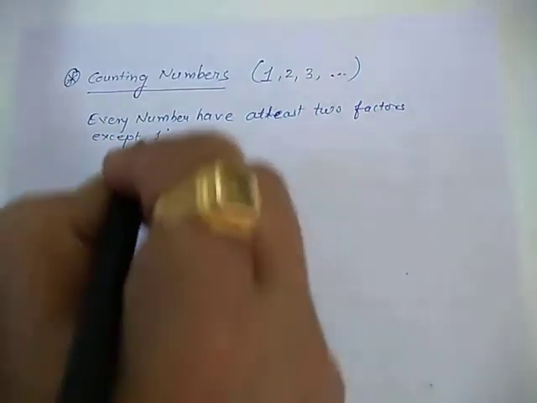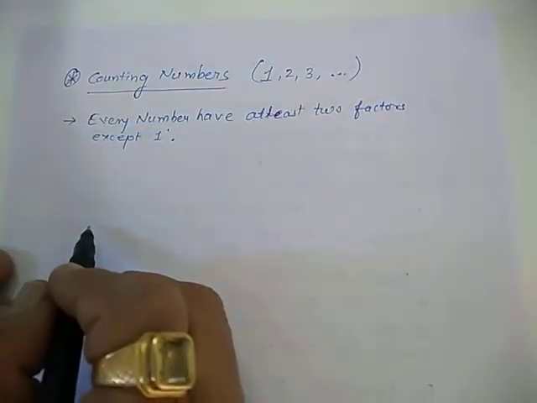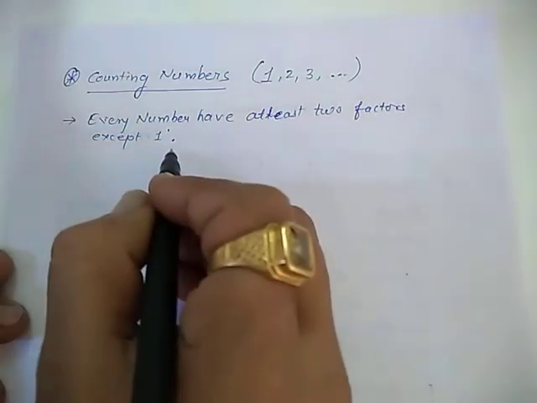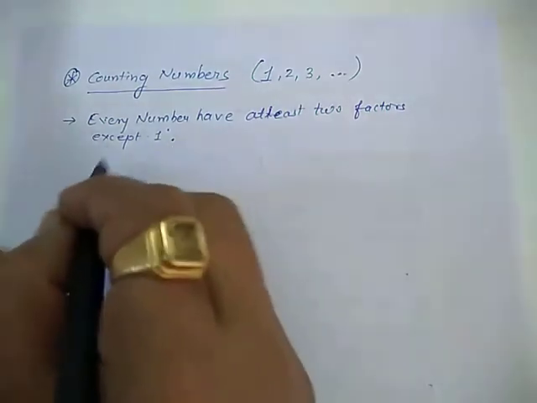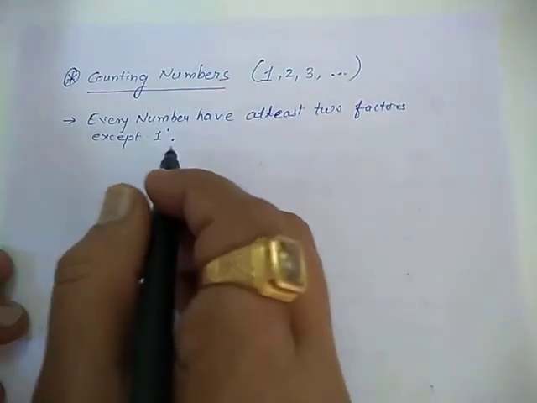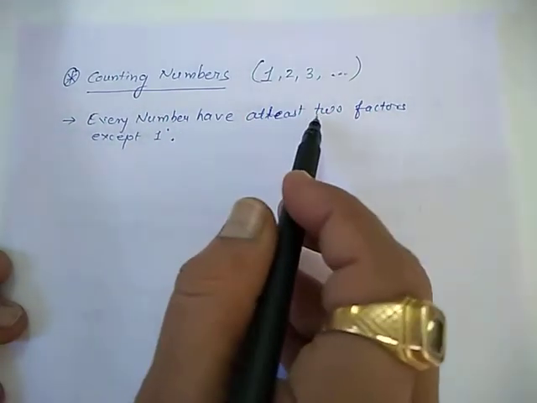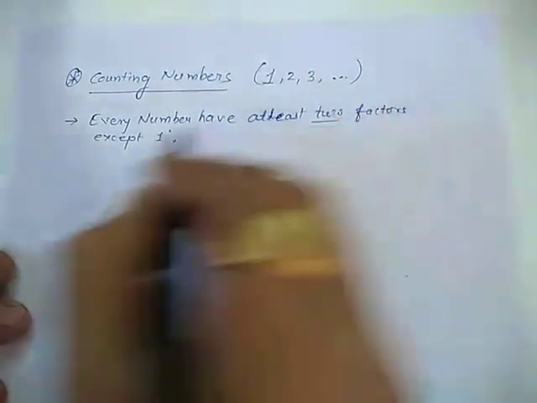Okay, so every number has two factors except one. One is a factor of one, and it does not come in the table of any other number, not 0 or 2. So one is the number having only one factor. All other numbers have at least two factors.